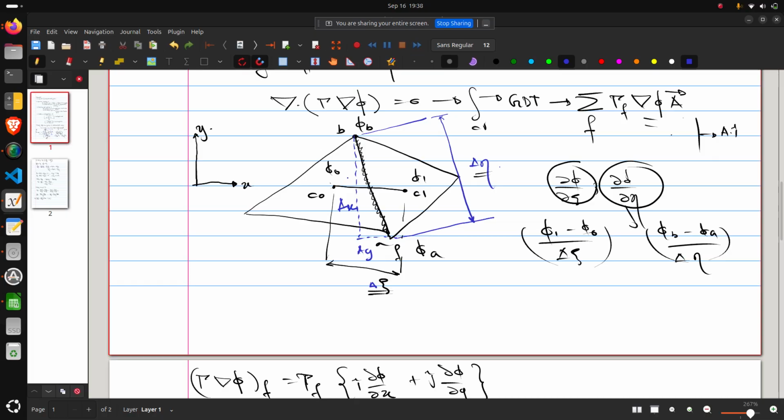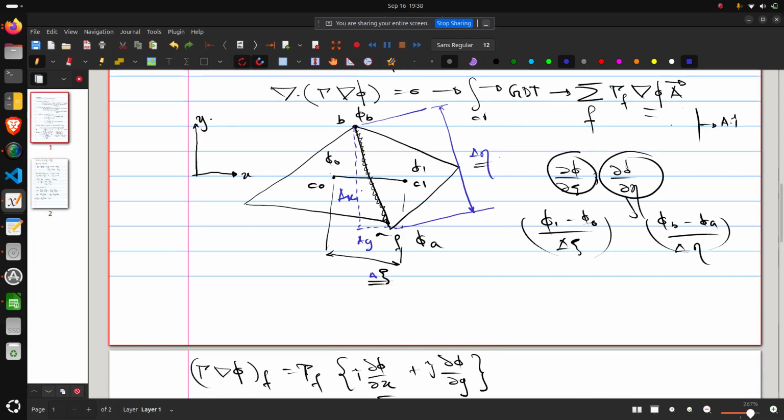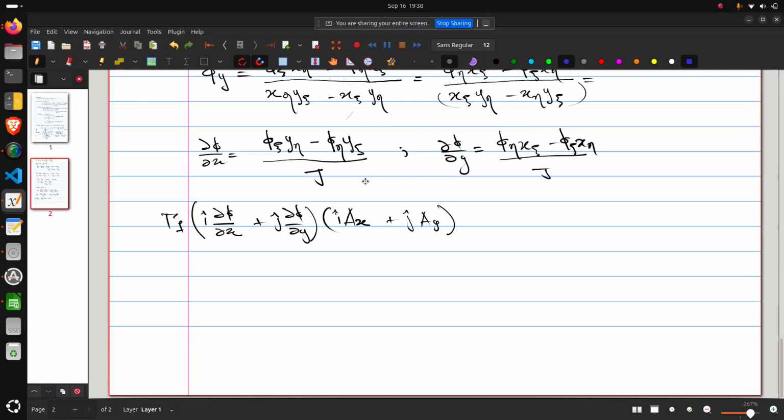These are just the two components of the area vector shared between the two cells. Okay, we'll see how to compute all these things also. Now that we have all these things, we have only these parts, right? So dou phi dou x times ax and dou phi dou y times ay, right?